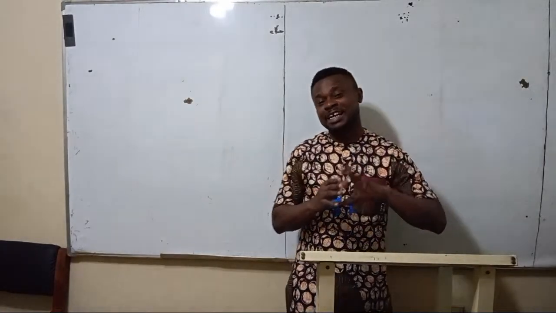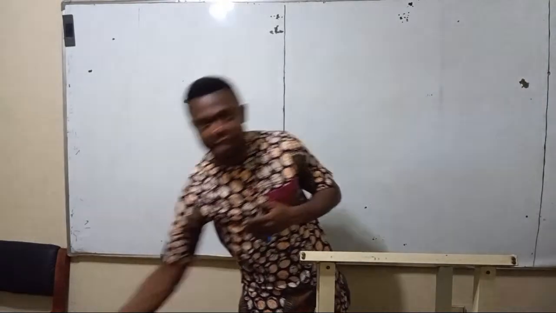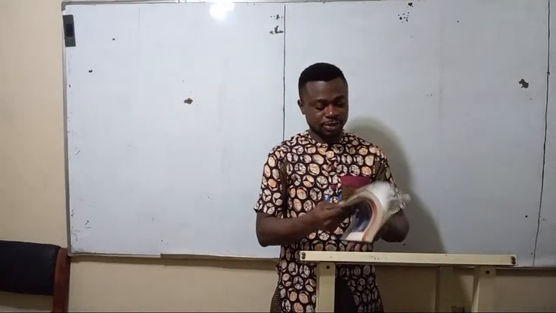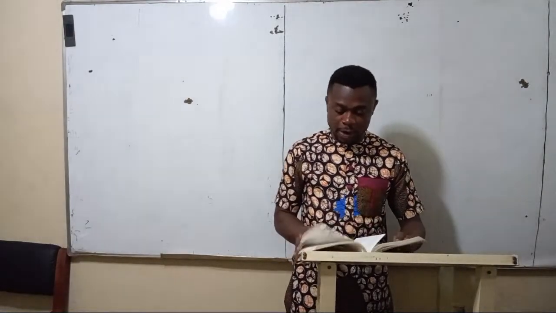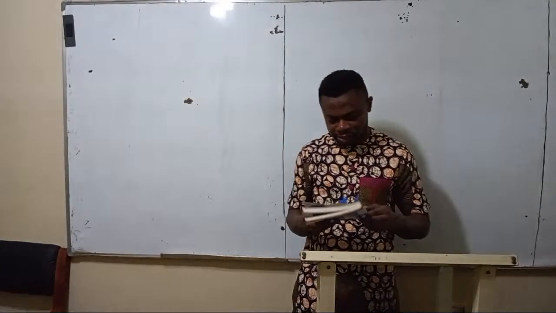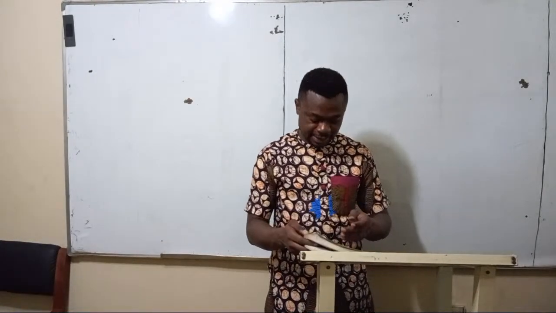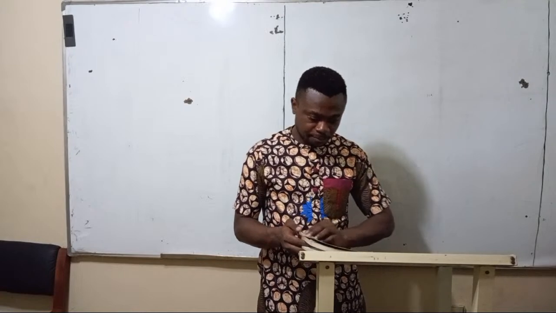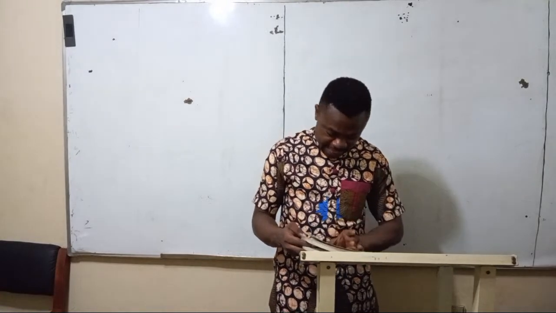Today, we'll take a look at pharmaceutical calculations. We'll do one or two calculations in the topic, isotonic solutions. Our reference book for today is Pharmaceutical Calculations by Howard Ansel, the international edition.